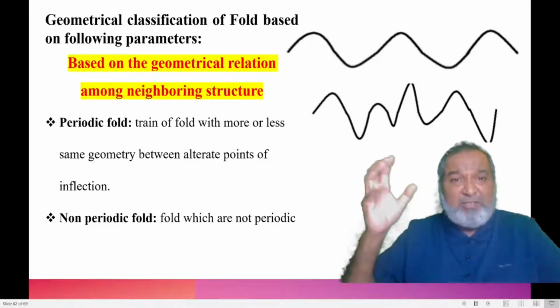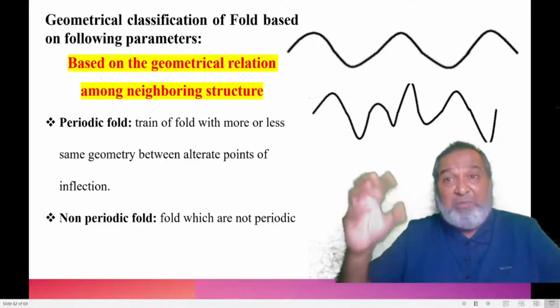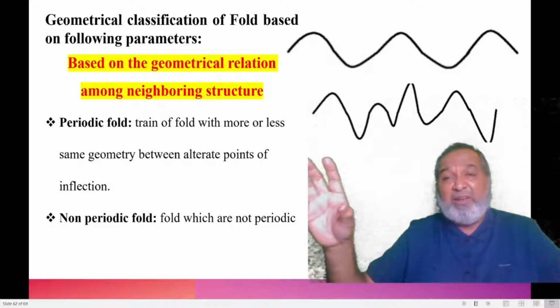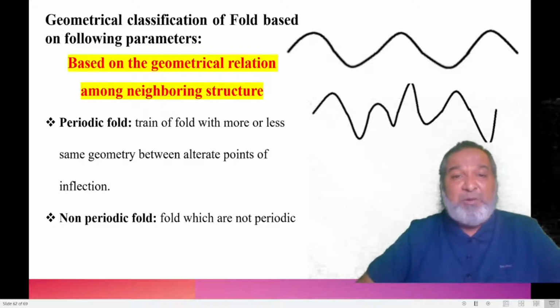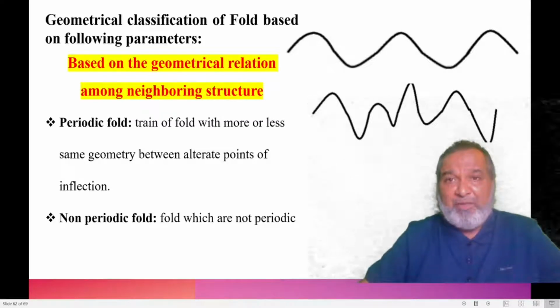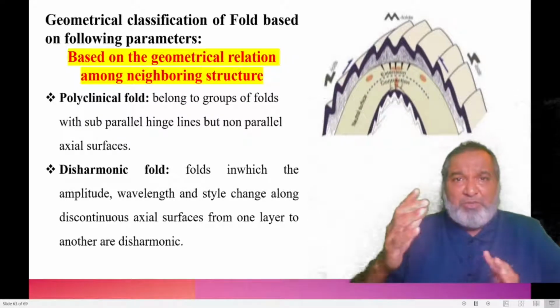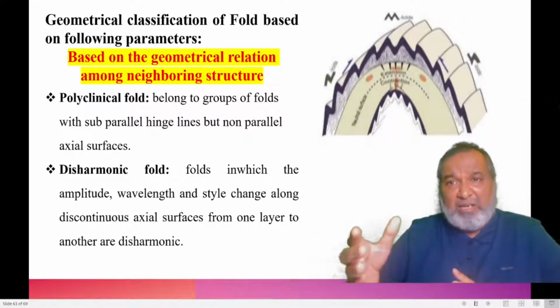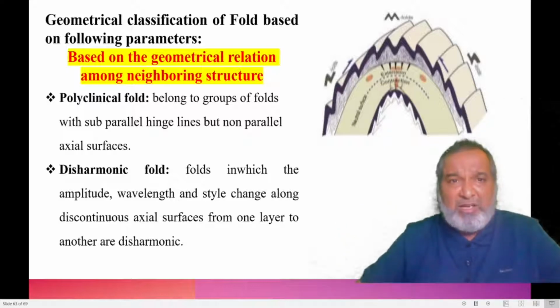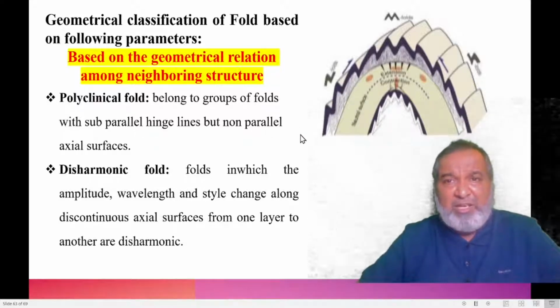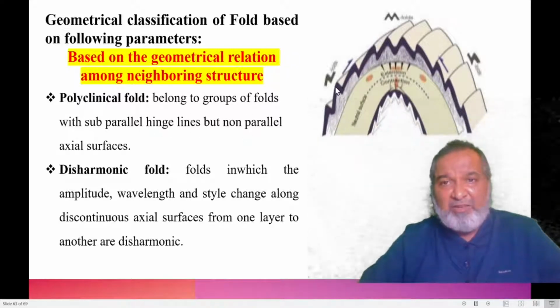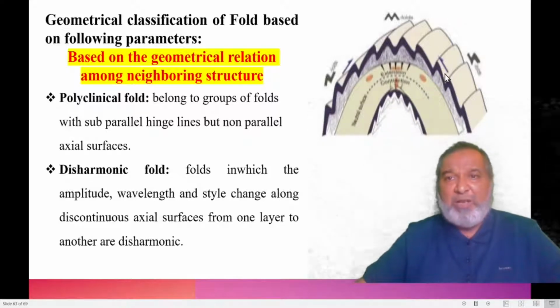But when it is non-periodic, there will be fluctuation and change, then it is called a non-periodic fold. So this is the non-periodic one. Based on geometric relation among the neighbors, the polyclinal folds belong to a group of folds with subparallel hinge lines.